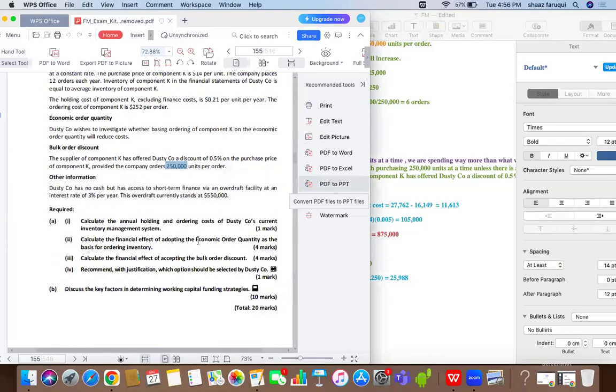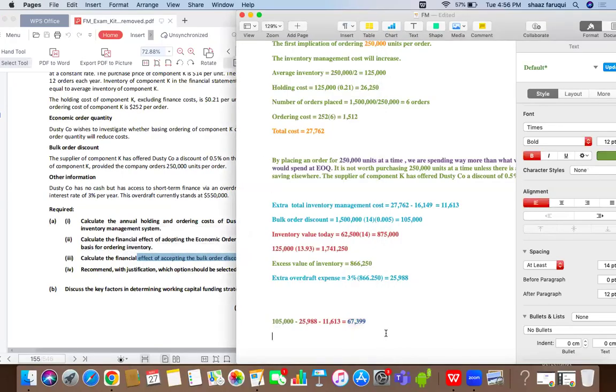Now, again, go back to the question. What is the financial effect of accepting the bulk order? You will say, by accepting the bulk order, our expenses go up by 25,988 for the bank overdraft and 11,613 for the incremental or extra inventory management cost.